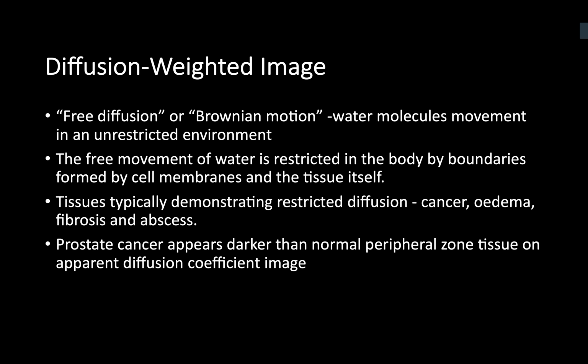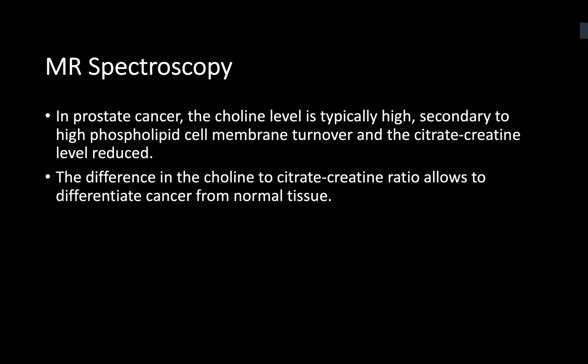The parameters are changed by the radiographer or a radiologist to achieve a B value of around 1,400. And in B value, the prostate cancer will be bright. So in diffusion weighted imaging, in the ADC map, it will be dark, and in the higher B values, the prostate cancer will appear bright. Okay. So there are two parts to the diffusion weighted imaging.